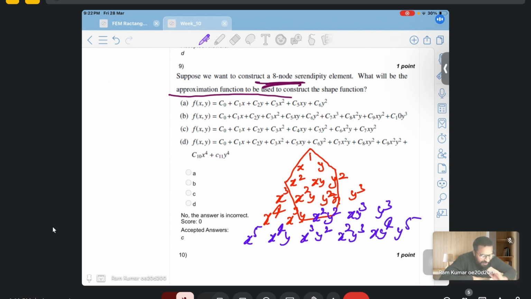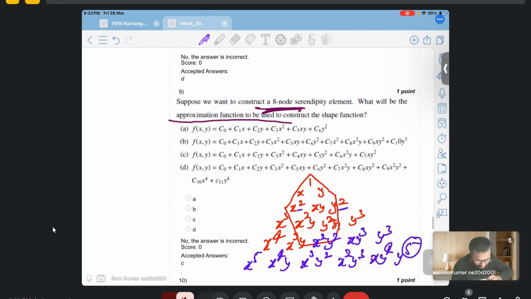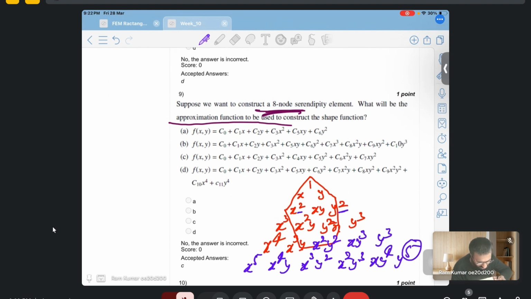What we have to remember is that the degree should be the same. Like here we are keeping 1 and 1, here 2, and here 5, so 4 and 1, 3 and 2, 2 and 3. That we have to remember. So which option will be correct? You can check. This is for 8 node, right?